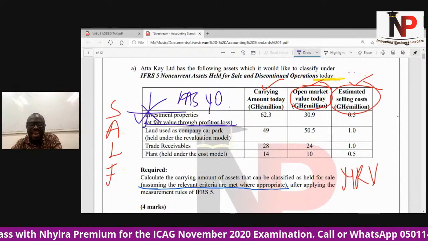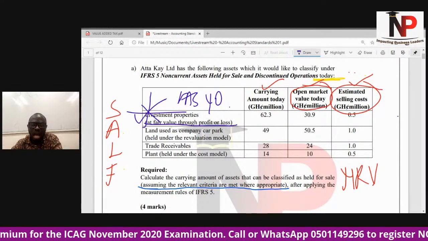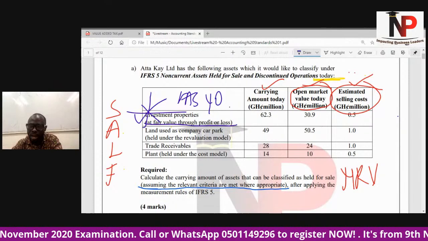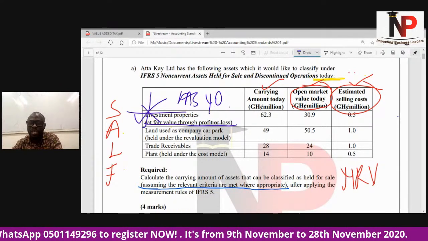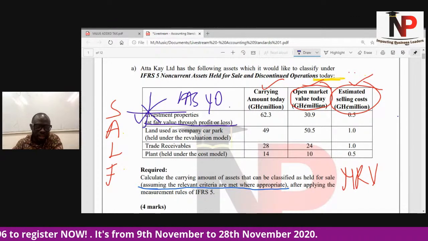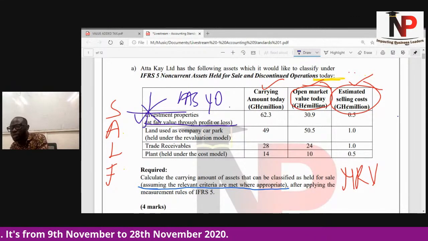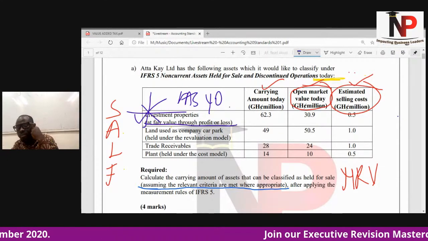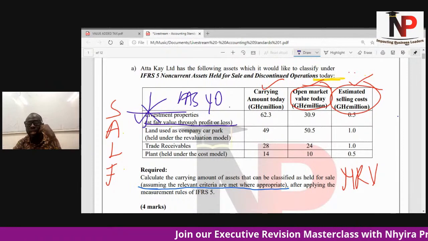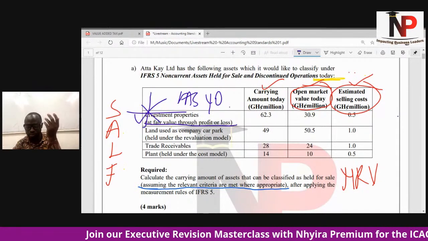Number 2, land used as company car park, held under the revaluation model.